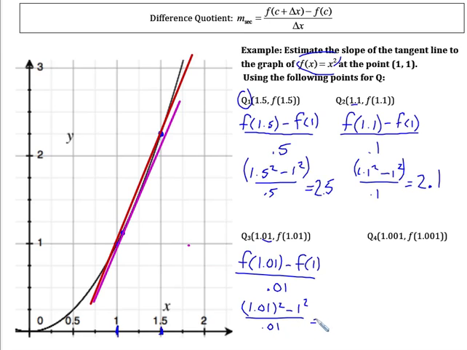And this is going to equal 2.01. All right, go ahead and find the slope through the point Q4, which now is getting really close. We're 1,000th away. Okay, so we're getting really close to our line. Go ahead and find that, pause the video, and then come back to check your answer.